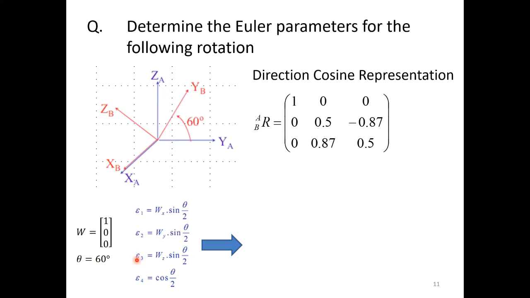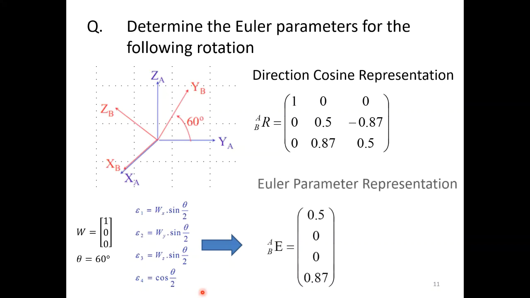The third Euler parameter is Wz sine theta by 2. It is also 0. Then epsilon 4 is cos theta by 2. That is cos 30. Okay. So B with respect to A, the orientation, if you represent using Euler parameters, it is 0.5, 0, 0, 0.87. So it tells us axis and angle of rotation, right?